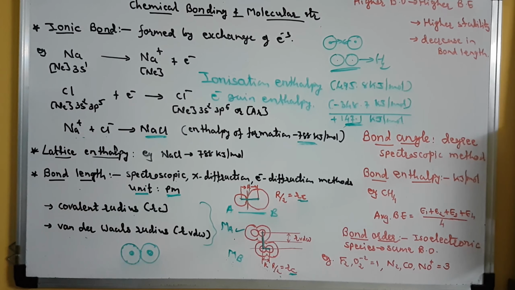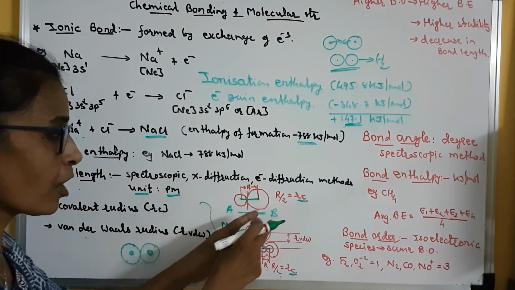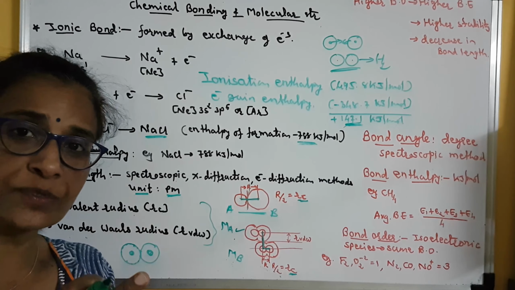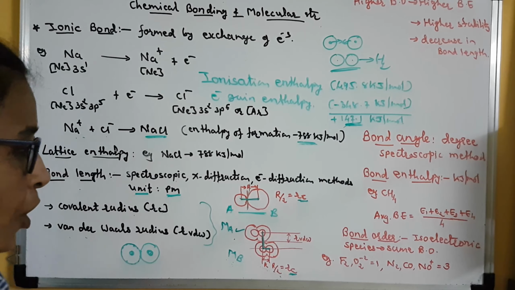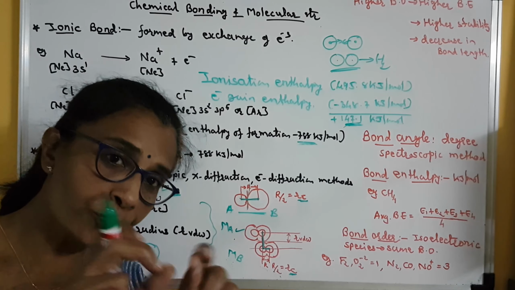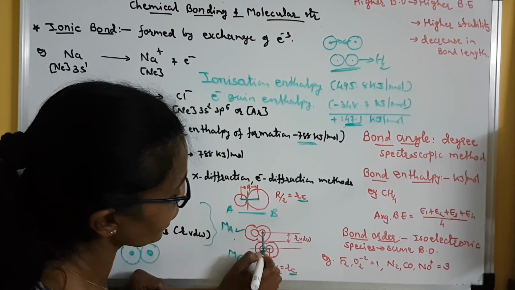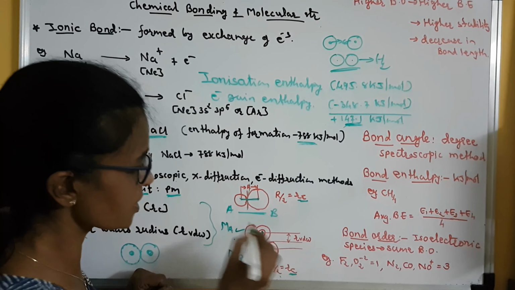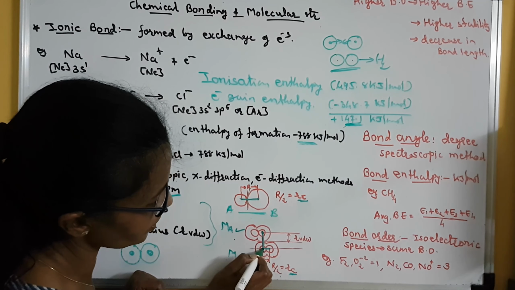So covalent radius is defined for the same molecule. It is half of the distance between the two bonded atoms in the same molecule. But van der Waals radius is half of the distance between the nuclei of two different molecules. Clear? So it is the distance between the nuclei of two different molecules. So this is one molecule, this is another molecule, and this is the nucleus of one molecule, this is also the nucleus of one molecule.